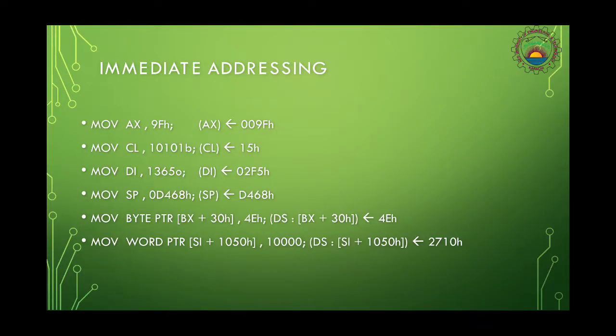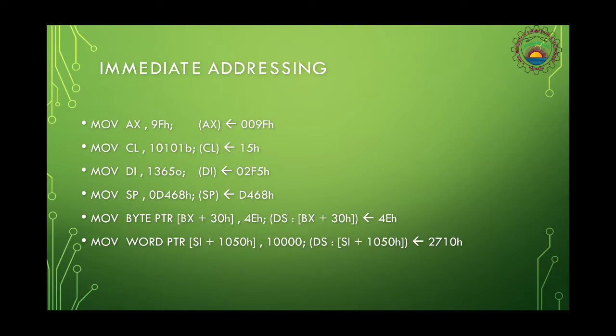In the fourth instruction, the SP register of the processor is involved, and a 16-bit number is mentioned after the comma as the second operand, 0D468H. As we know, for hexadecimal numbers we have alphabets as digits. So whenever a hexadecimal number has an alphabet on the leftmost side, for declaring to the processor that it is a number, not a processor register name, we have to place a 0 on the leftmost side of that number.